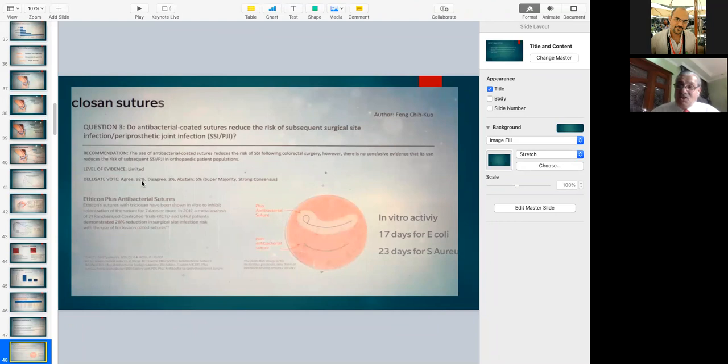And the recommendation is that the use of antibacterial coated suture reduces the risk of SSI following surgery, in colorectal surgery. However, there is no conclusive evidence that it reduces the risk of subsequent PJI. So some say okay, some say no, even for the suture coated with antibacterial. This is also a question of cost effectiveness regarding the companies.